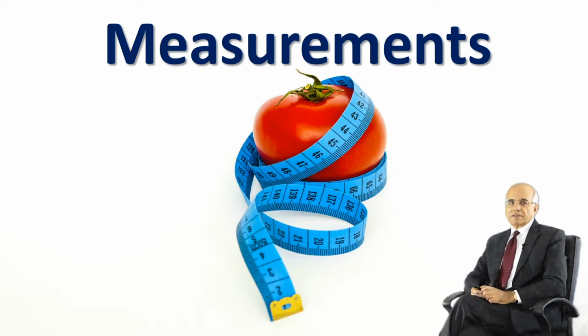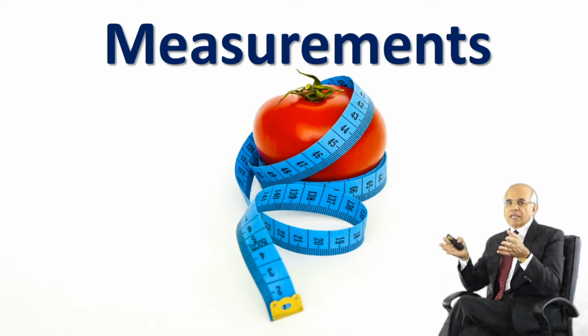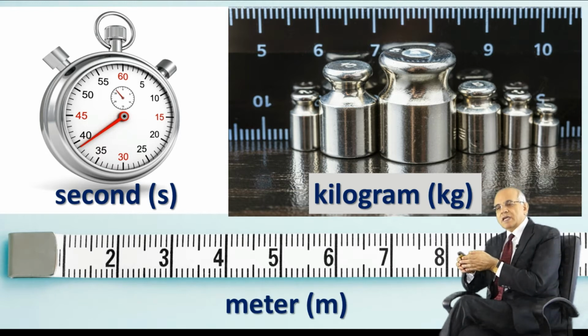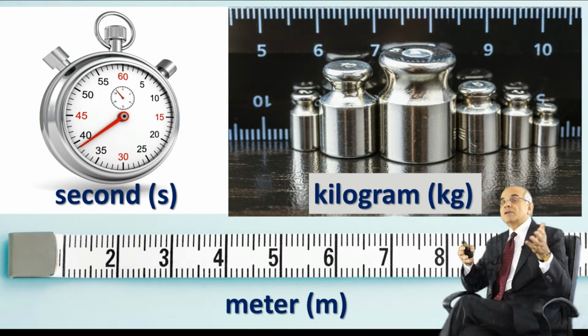First, measurement. When we measure things, what do we measure exactly? What things do we measure? There are 3 basic measurements in physics that we use, and they help us understand or derive many other measurements.